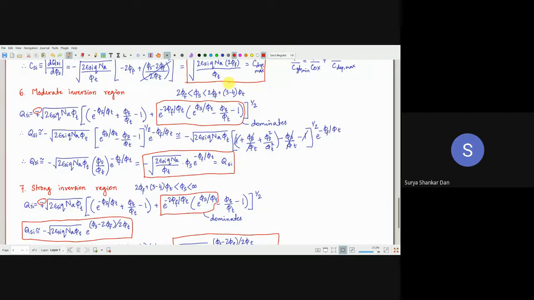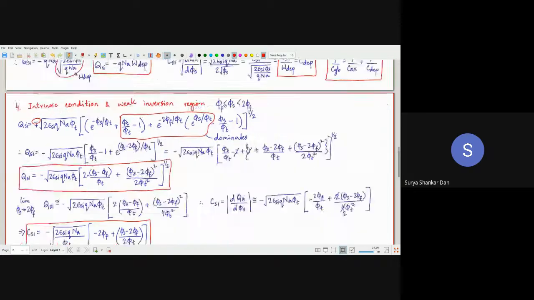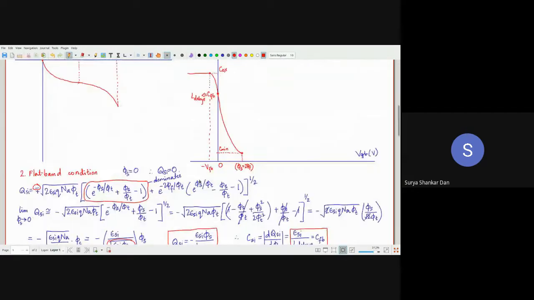Okay, so why is that? In the standard textbooks, like Streetman and others, they will say this itself is the VT, VGB equal to VT, but that is not correct. So what we will do is 3 to 4 phi t, around 0.1 volt. Remember, VGB is in volts, 0.1 volt.